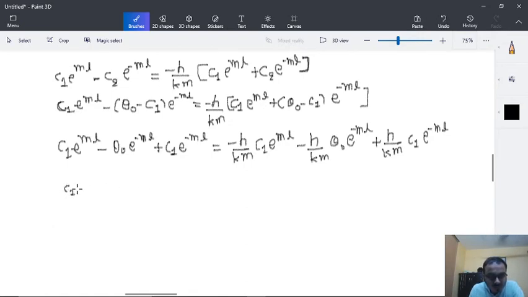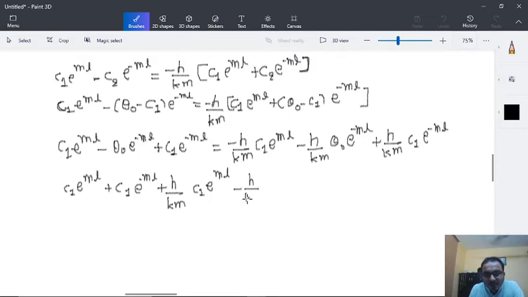So C1 e raised to mL plus C1 e raised to minus mL plus h by km C1 e raised to mL minus h by km C1 e raised to minus mL. I think we are going correct.